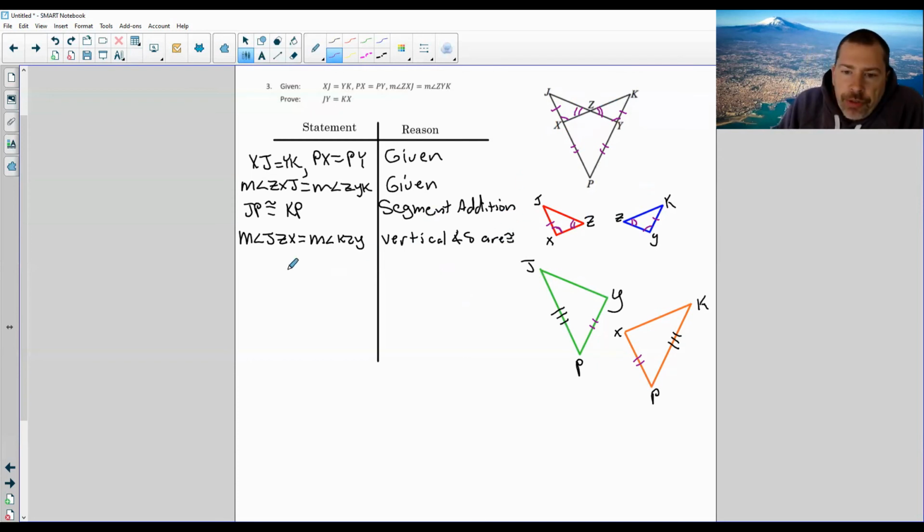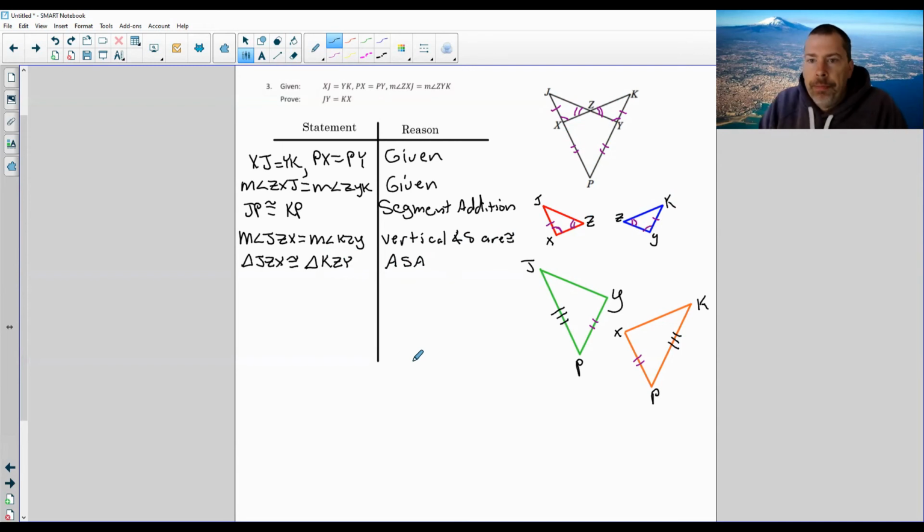And now I can say the triangles are congruent, the little ones. So now I can say triangle JZX is congruent to triangle KZY by angle side angle.